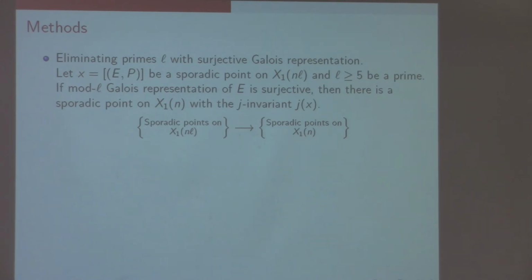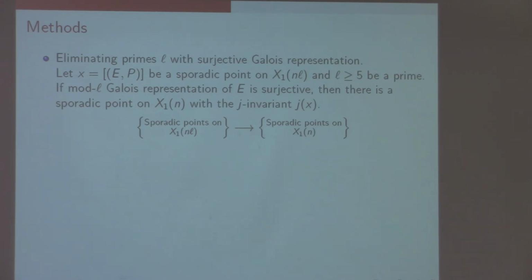Then if this is sporadic, it's given by this elliptic curve, so I look at its Galois representation. I know by Serre's theorem that it will be surjective for all but finitely many primes. So I take those finitely many primes where it's not surjective. So this says that if this elliptic curve has surjective representation at this prime L, then I can actually just avoid it and say that it induces another sporadic point here on X1(n).